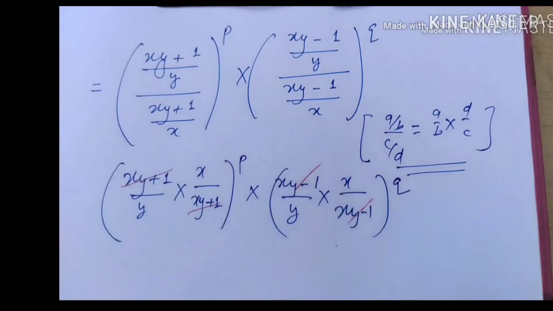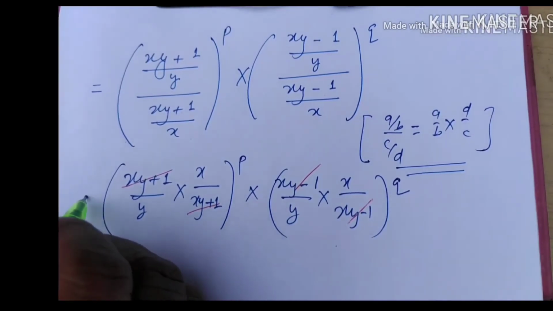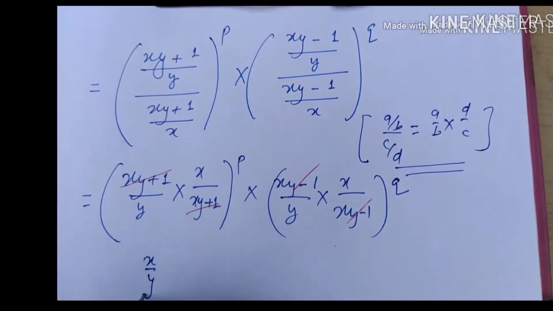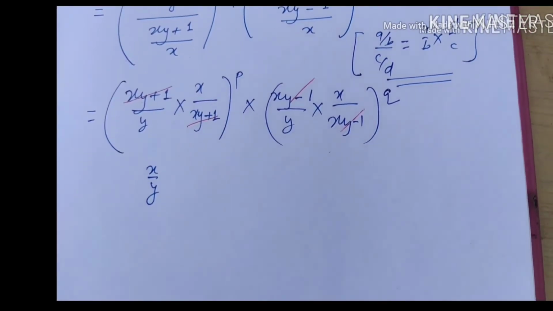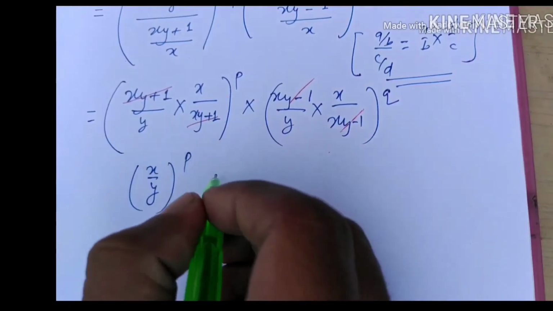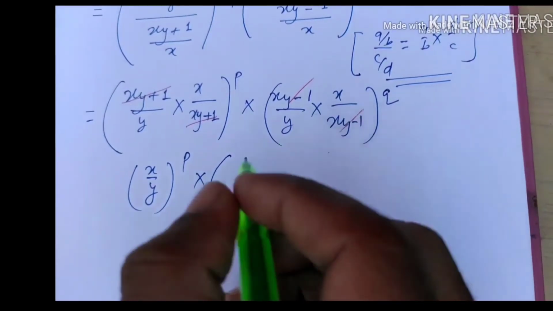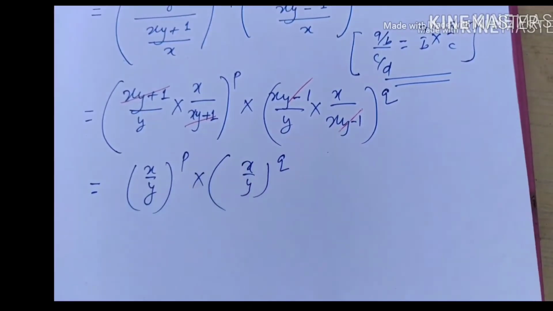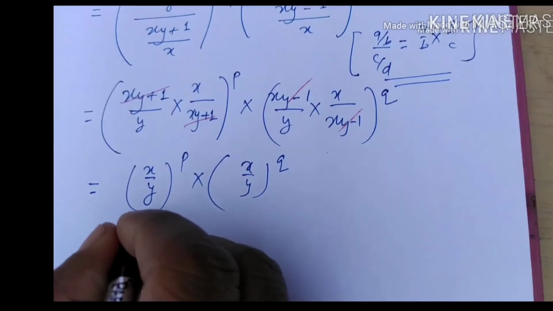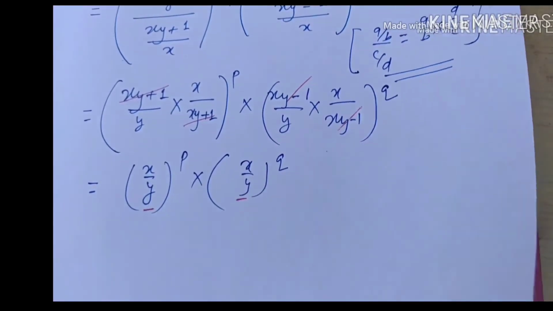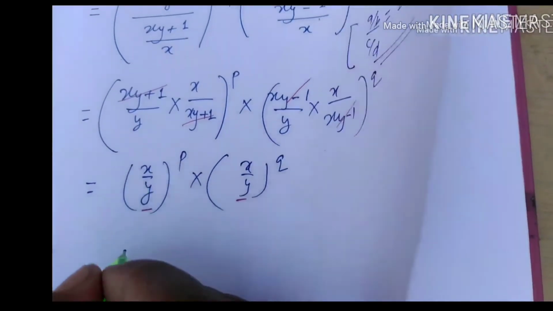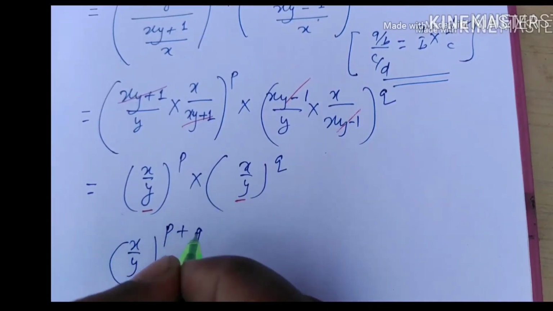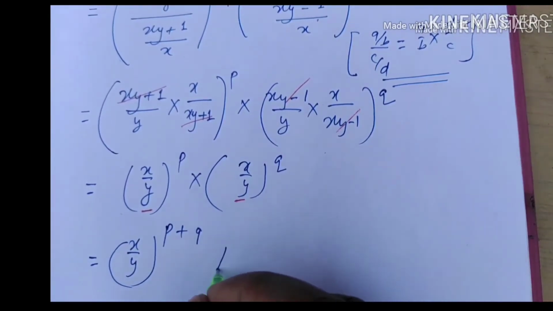Similarly, this term and this term will cancel out, and remaining term is x by y power p into here also x by y power q. Now you can see that these two terms are similar, x by y and x by y are similar, so we can take common x by y, and the powers are different, so p plus q. Hence it is the required answer.